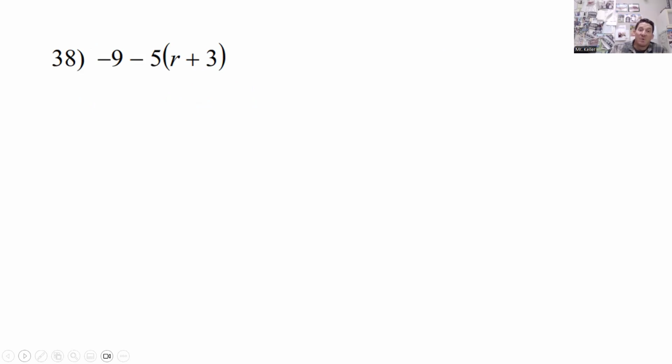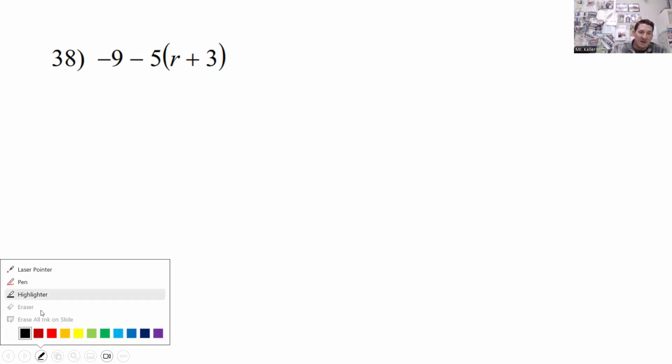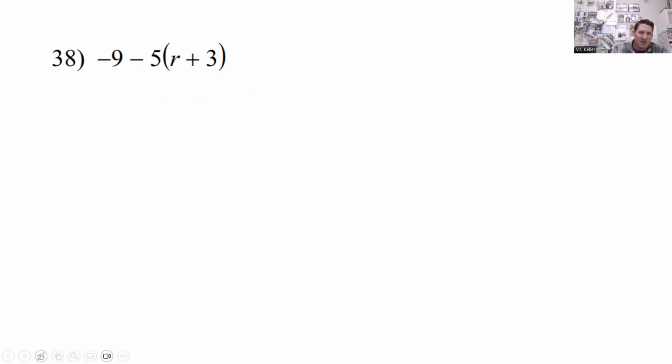This one here, be careful with this one. Again, you need to treat this negative, or the minus, as a negative 5. When we distribute it, we are going to distribute a negative 5. Highlighter, yellow. There we go. So negative 5 times r is negative 5r.